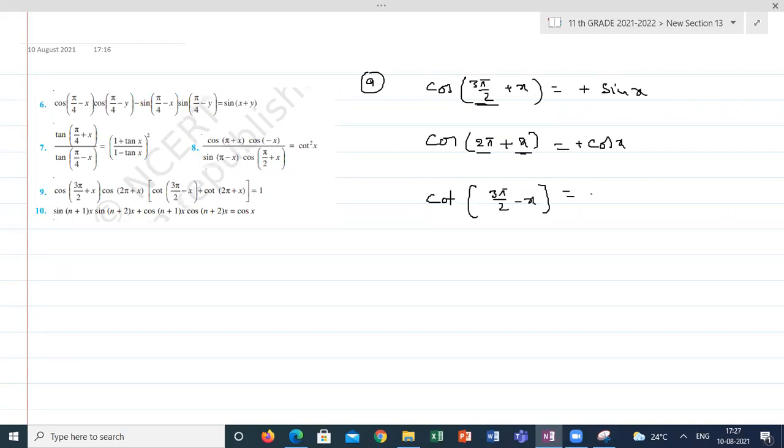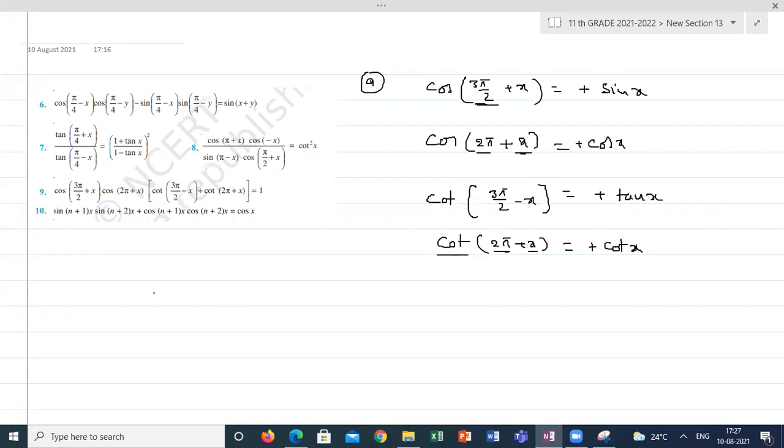So cot is positive in the third quadrant and cot will become tan here. Next one is cot of 2 pi plus x. This will be cot x because this is in the first quadrant. 2 pi plus x will use the same ratio, so cot will be positive cot x in the first quadrant.